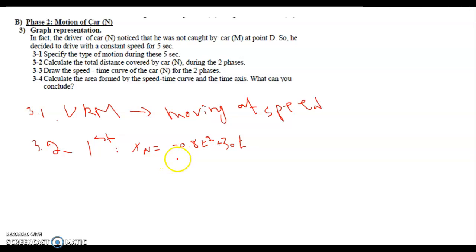Then in order to find the distance, we have the initial position O, which is x0, and D, which is xd, the final position of the first phase.